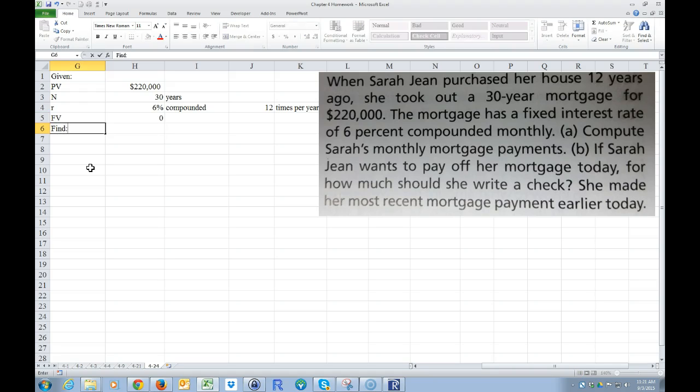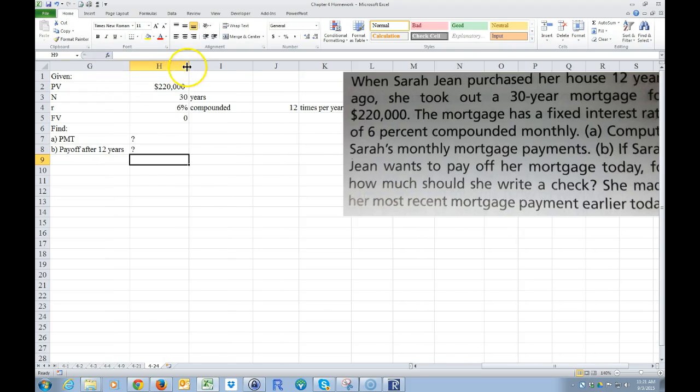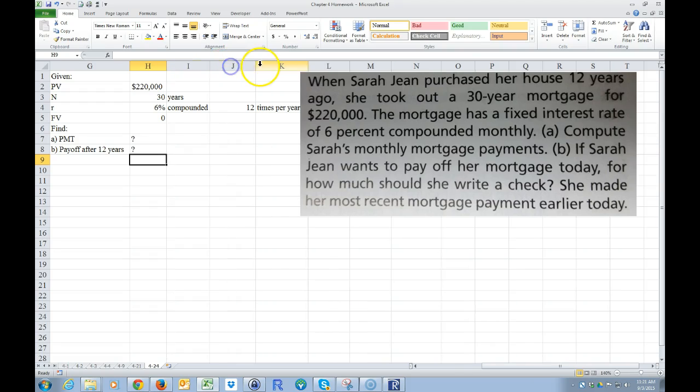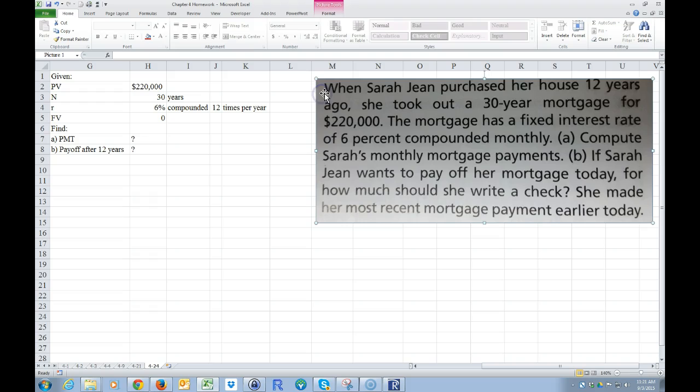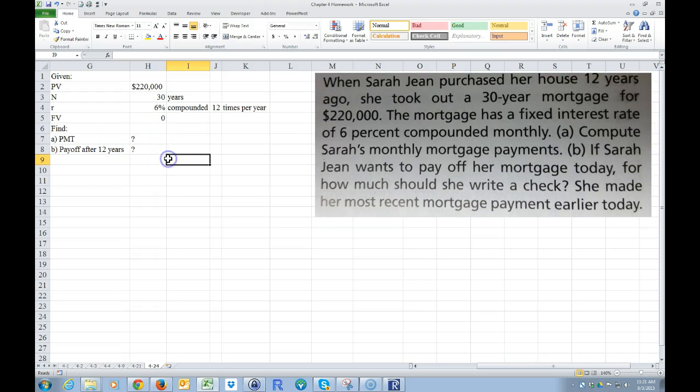And we want to find A, what the payment is. And we want to find B, the payoff after, let's say, 12 years. Okay, we want to know what that is. So now we have the problem in here, right?